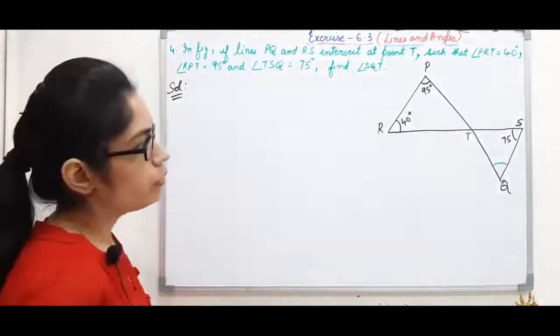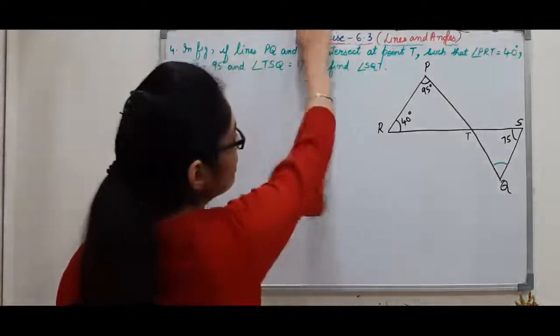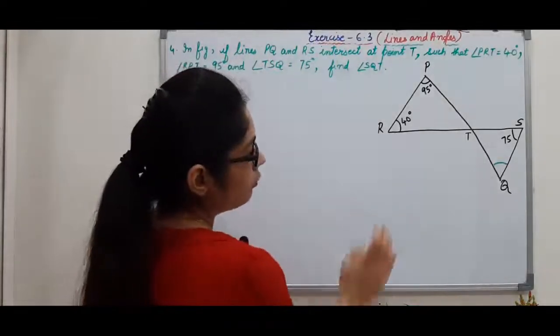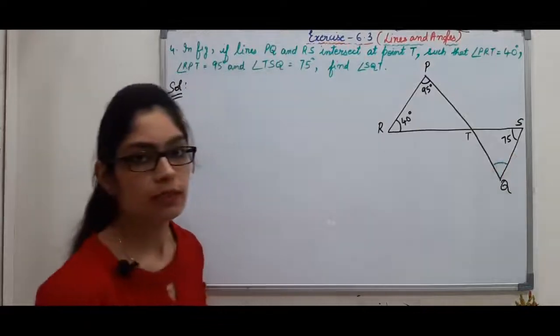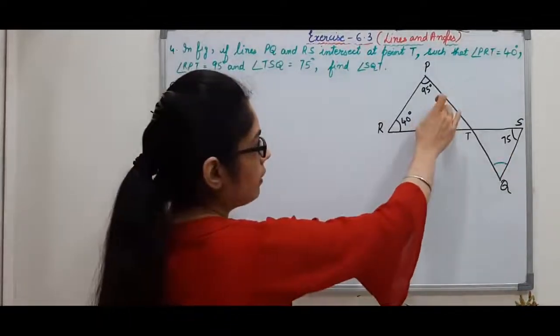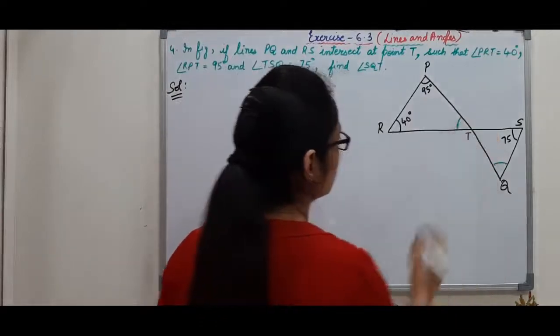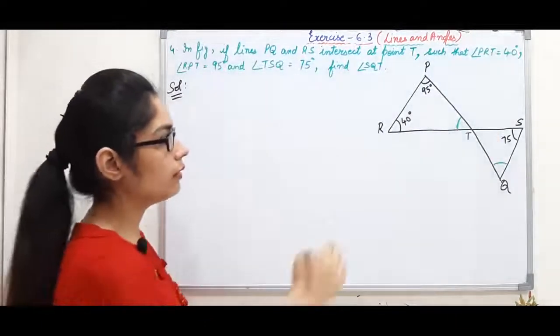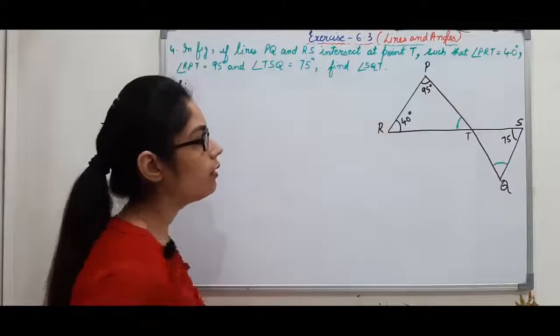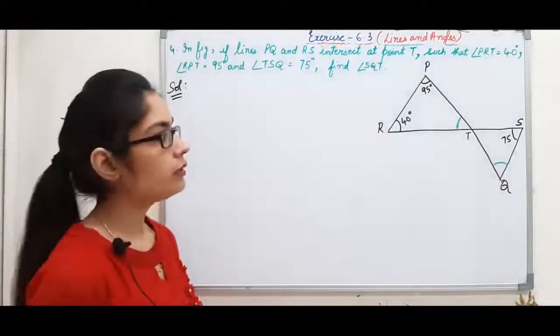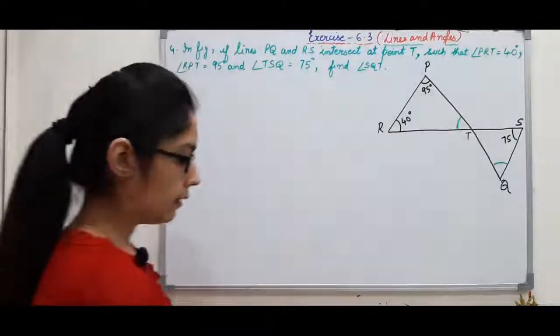So solution. So now if we see in this triangle, first of all, because we need to find the value of this angle, in this triangle we need the value of this angle first, because two angles, angle P and angle R, are given to us and the third one we have to find. So let's start.